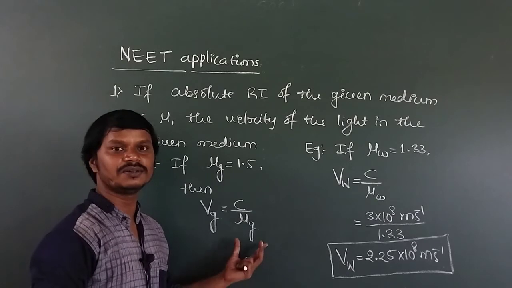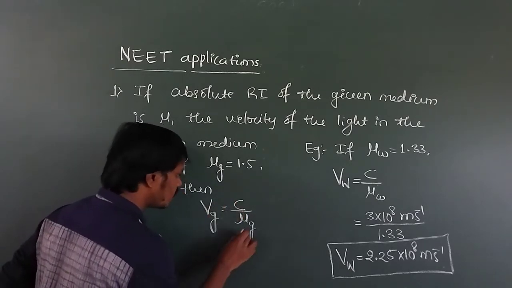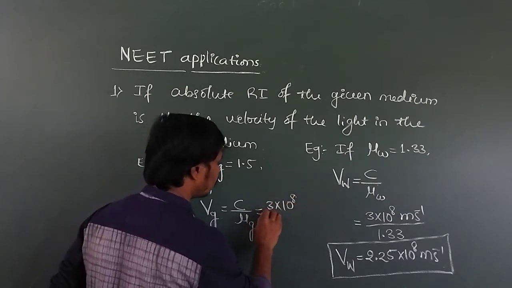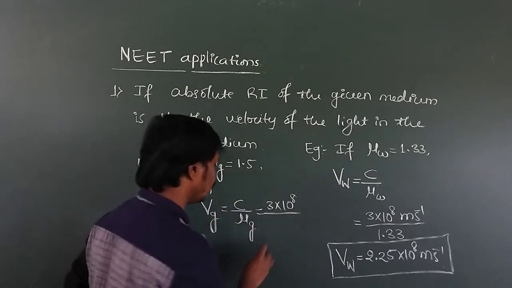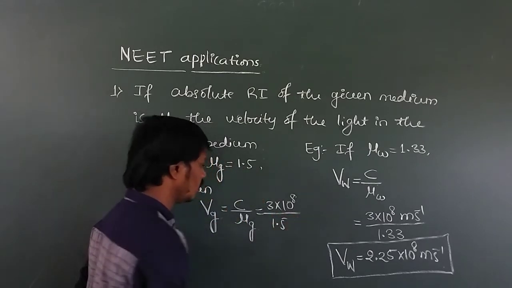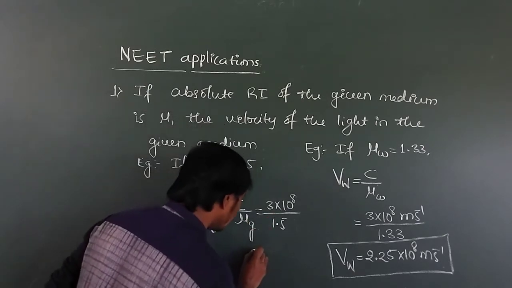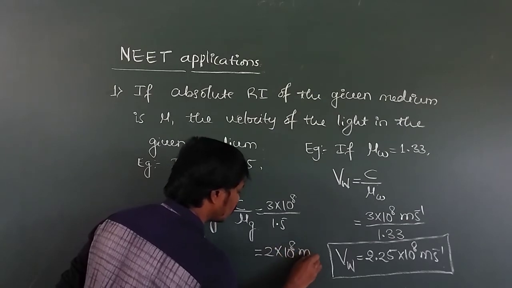It is the absolute refractive index of the glass. What is the C value? C value is 3 into 10 to the power of 8, divided by mu g, that is 1.5. Then 3 divided by 1.5, that is about 2. That is about 2 into 10 to the power of 8 meter per second.